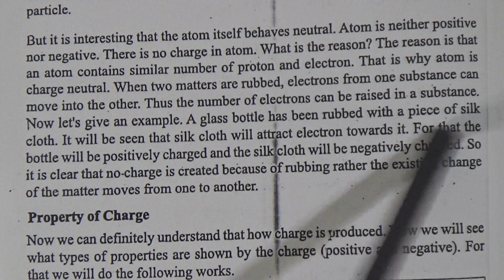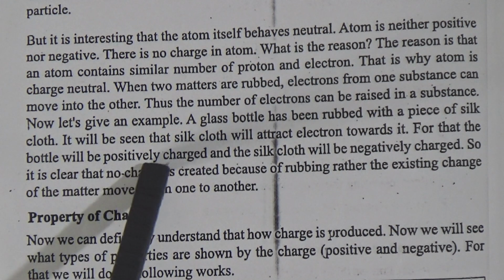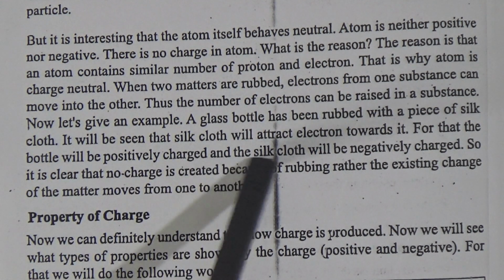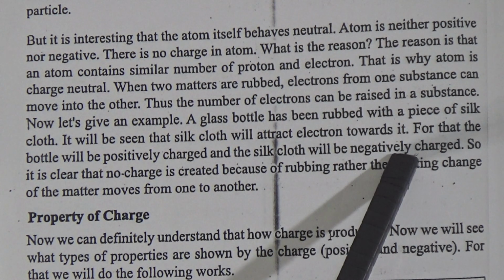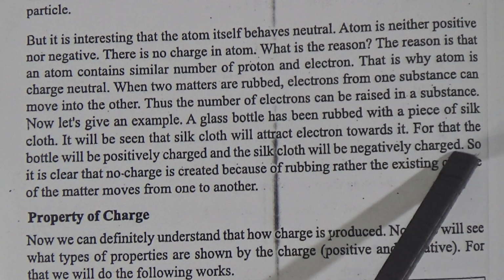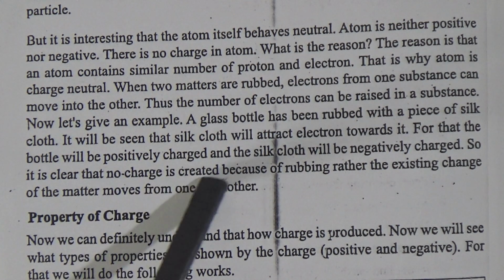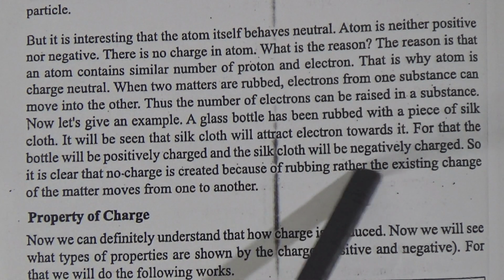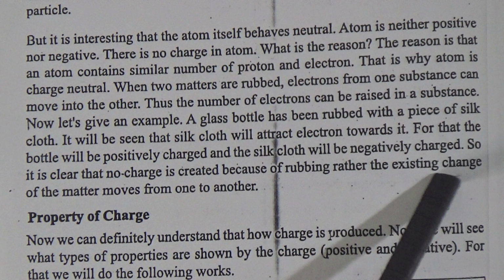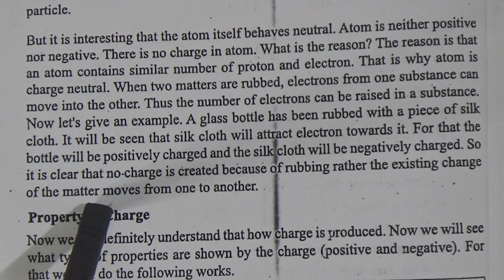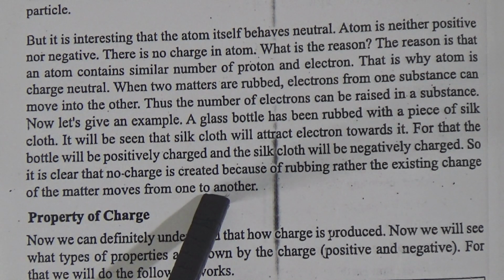For that, the bottle will be positively charged and the silk cloth will be negatively charged. So, it is clear that no new charge is created because of rubbing, rather the existing charge of the matter moves from one to another.